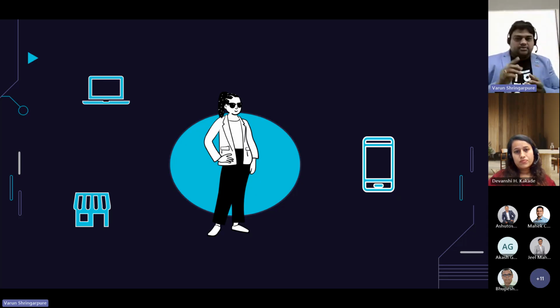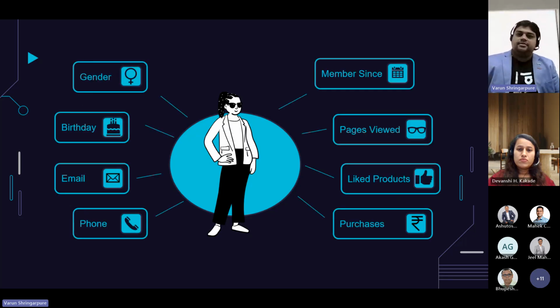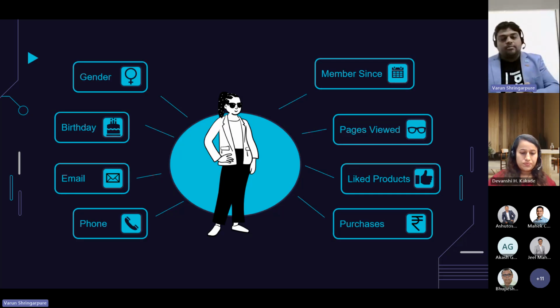The same customer, who is Nidhi, is looking at all these touch points, and all the data that she has looked at on mobile, website as well as in the store is curated and put into a single view. How would it look like? This. Individually, all of them might have the information about the gender, the birthday. Maybe the store might not have email, they might have phone number. Maybe the website might have email, they might not have the phone number. Maybe the mobile app would have the phone number.